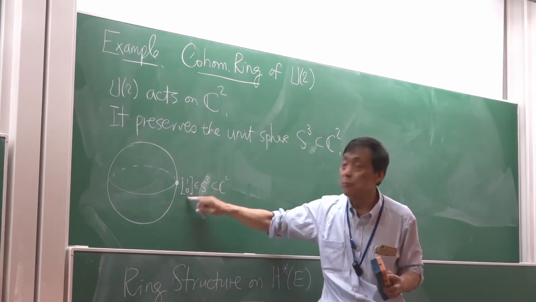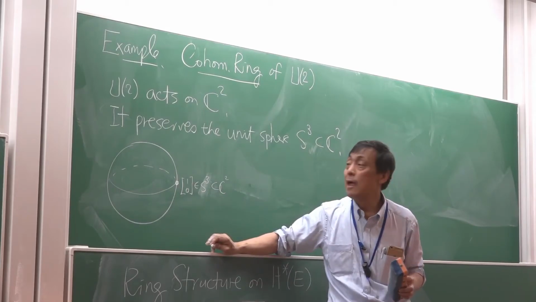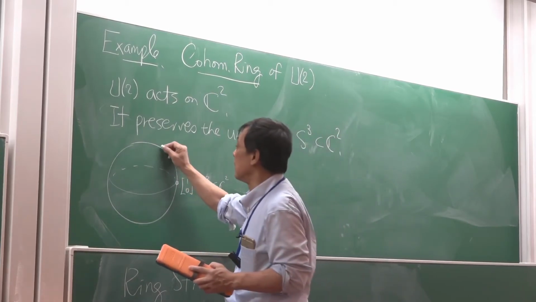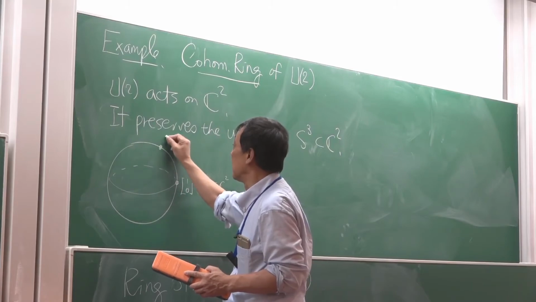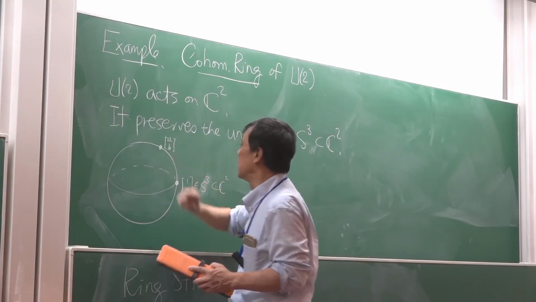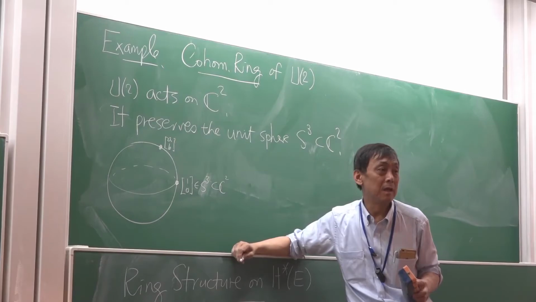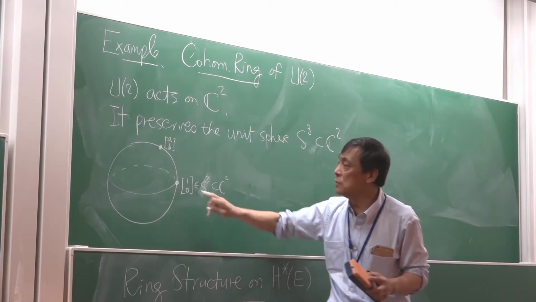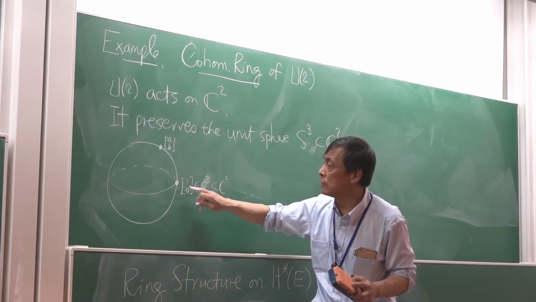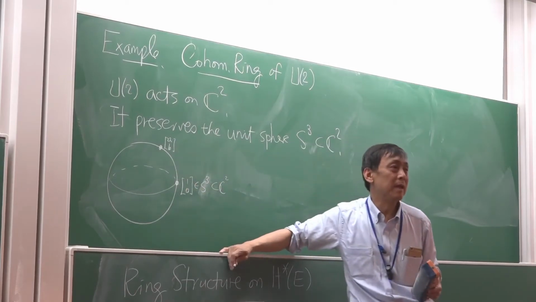You view these as complex numbers. And then you have another point here, (a, b). Okay? What is a unitary matrix that will take this point to this point?